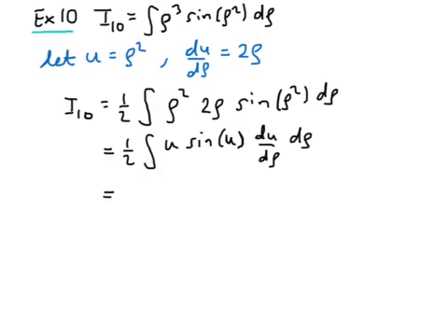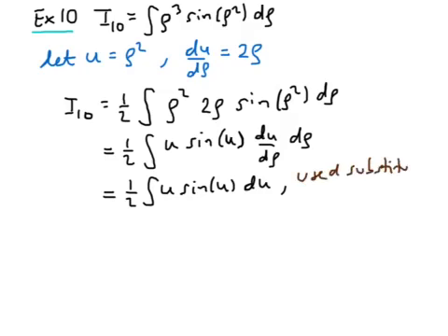So from the substitution formula, this is 1/2 the integral of u sine u integrated with respect to u, having used substitution. Now, this is an integral which we are going to be able to calculate using integration by parts.